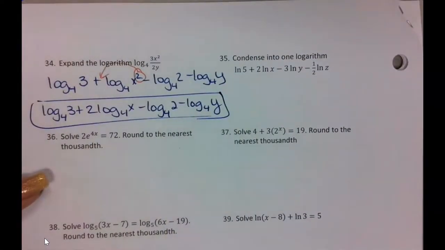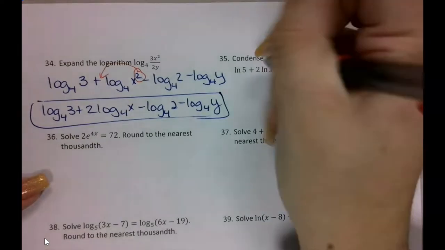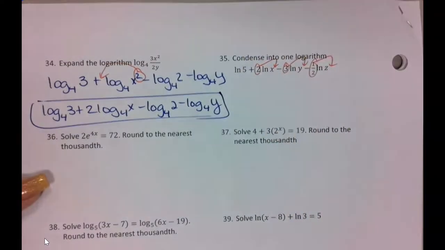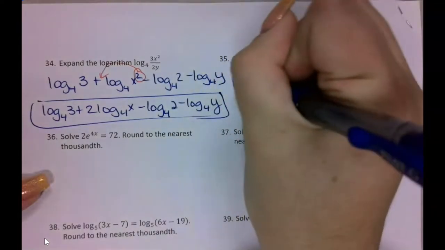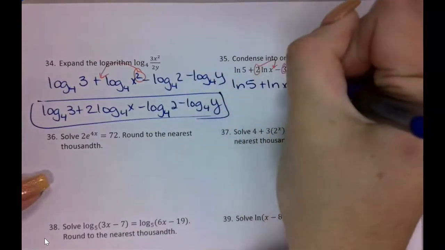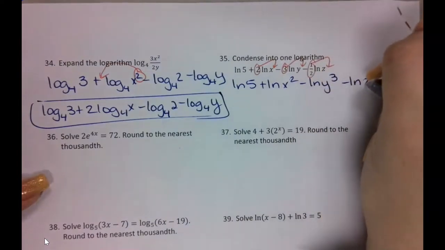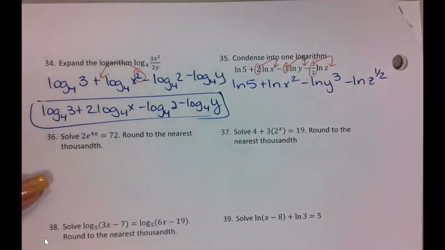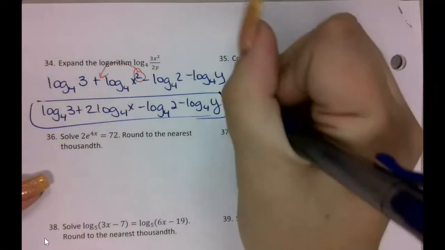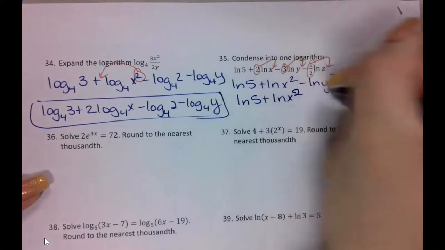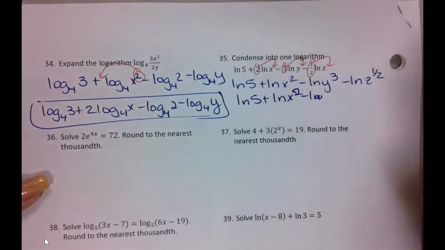Number 35, I'm going the other way, so I want to start off by putting my exponents back where they belong. So then this is going to give me ln of 5 plus ln x squared minus ln y cubed minus ln z to the 1/2. I can rewrite z to the 1/2 as the square root of z, so I'm going to do that.